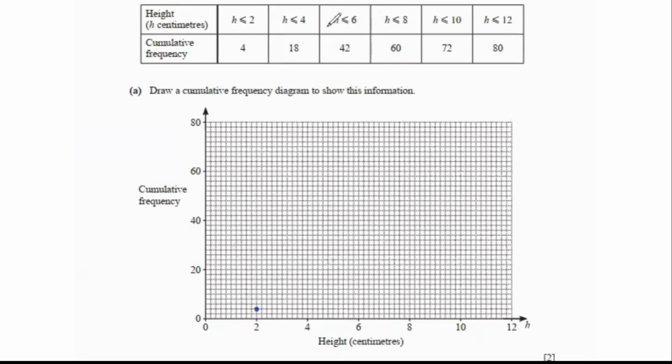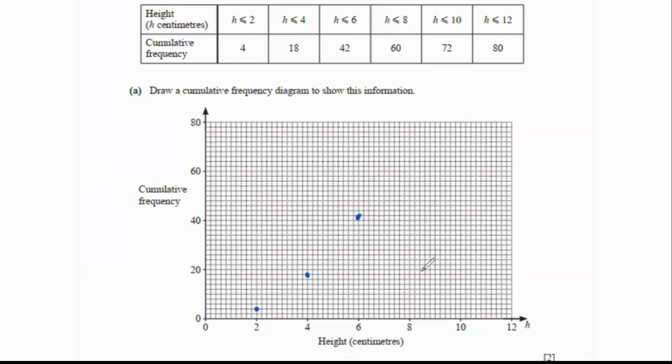Then 4, 18. That's going to be over here. 6 and 42. That's 6 and 42.